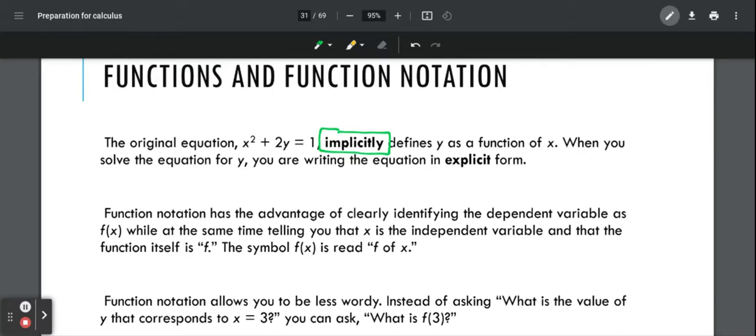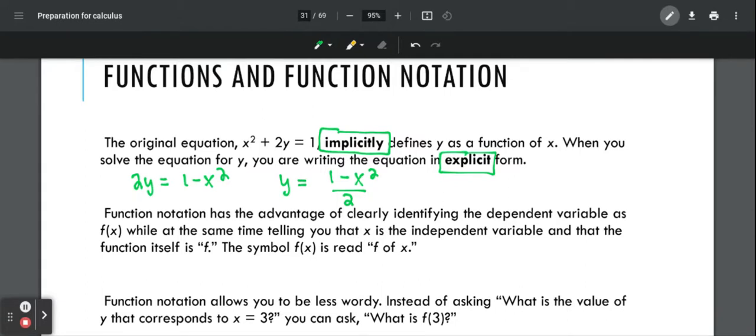Now, if we were to solve it for y, we have 2y equals 1 minus x squared, or y equals 1 minus x squared over 2. So writing it in the y equals form, we're writing the equation in explicit form. It's kind of like we're for sure saying that y is a function of x.